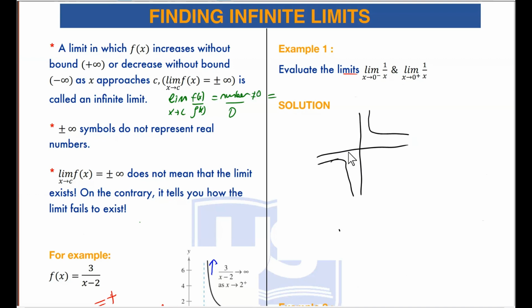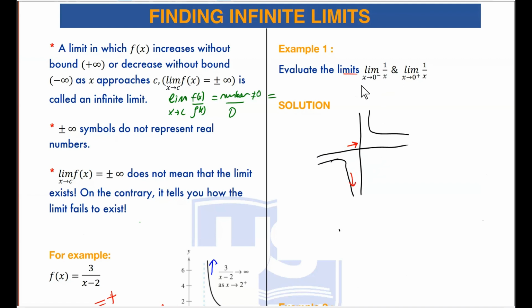So the question is, what is the limit as x approaches 0 from the left of 1 over x? From the left, what's happening from the left? As x approaches 0 from the left, the function is getting unbounded in the negative direction.